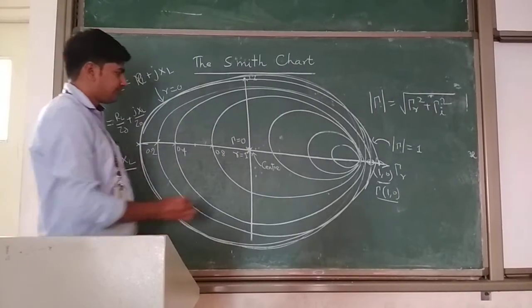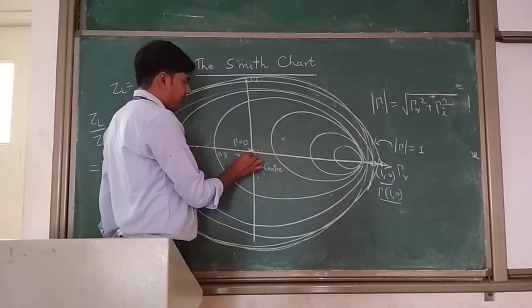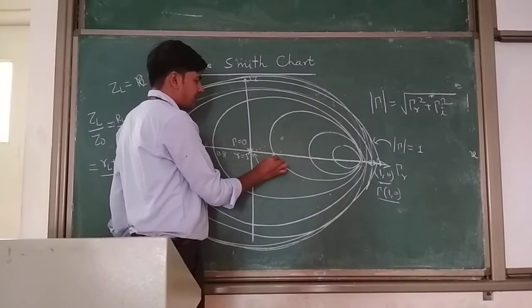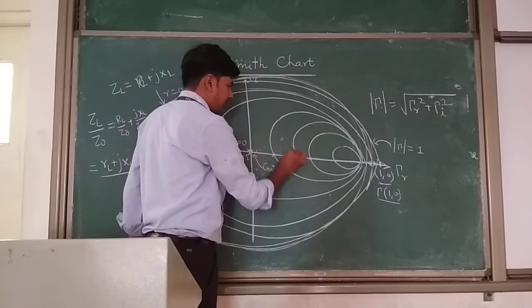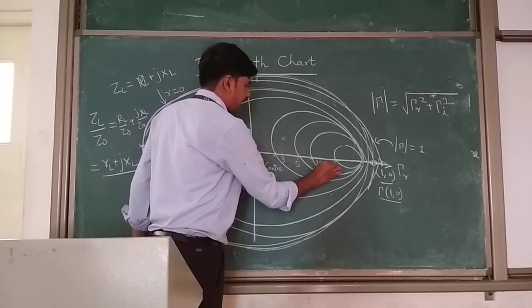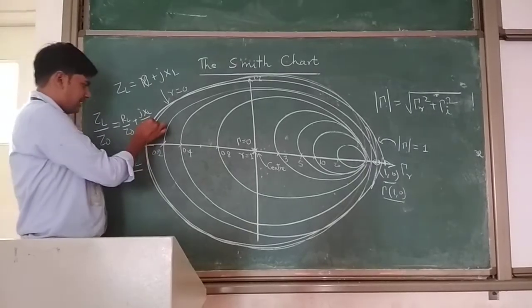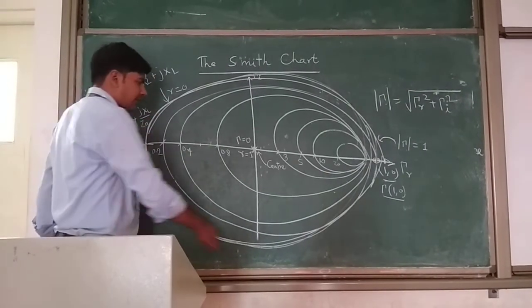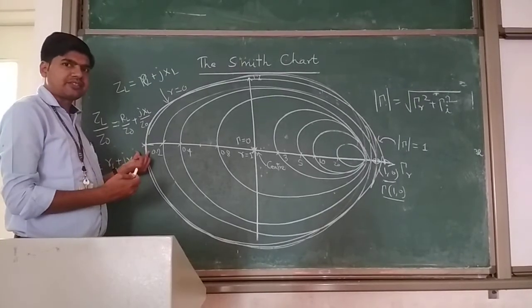Keep on moving towards the right side, the value will keep increasing. Maybe this is equal to 3, then 5, then 10, 20 and so on. So what we can see, the circle which has the maximum radius has the minimum value of resistance.